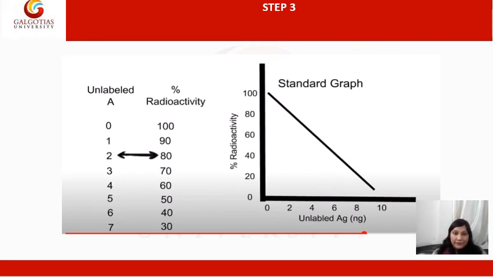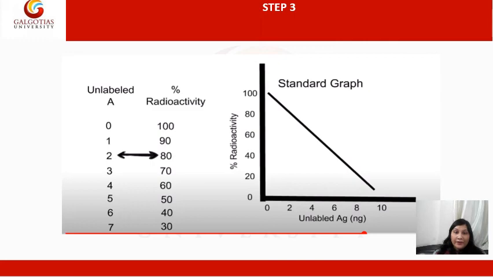We will note down these values. In one column we note the concentration of the unlabeled antigen solution, and in the second column we write the activity. Remember, these values are just an example and may differ with the experiment.